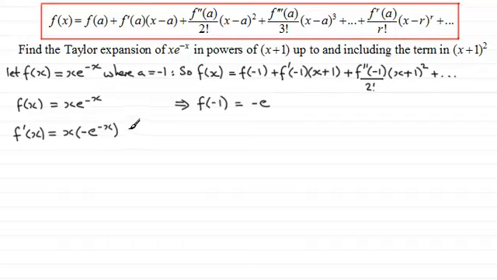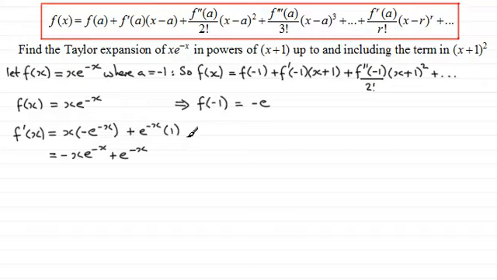And to this we add e to the minus x multiplied by the differential of x, which is 1. And if we tidy this up, what we've got is minus x e to the minus x plus e to the minus x.